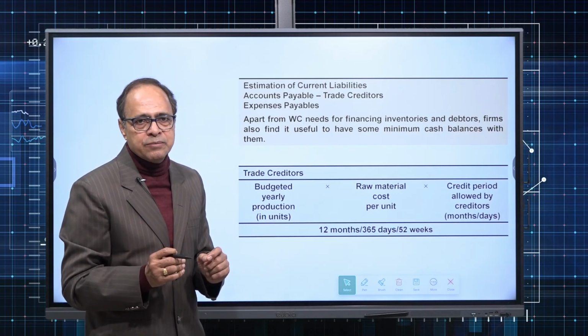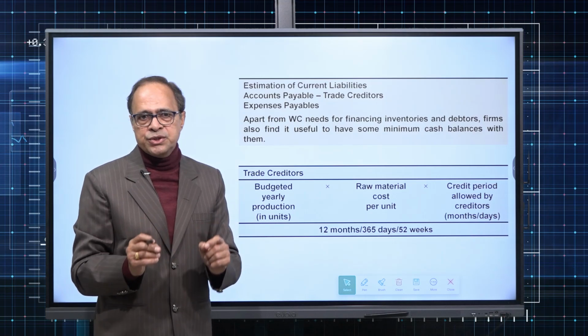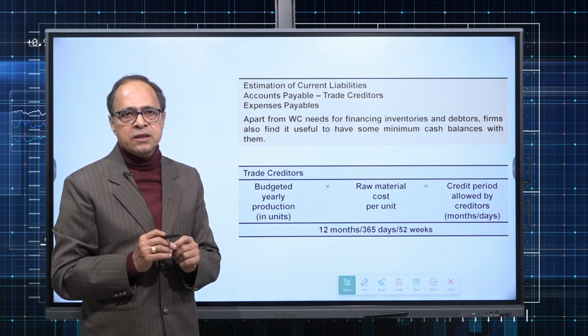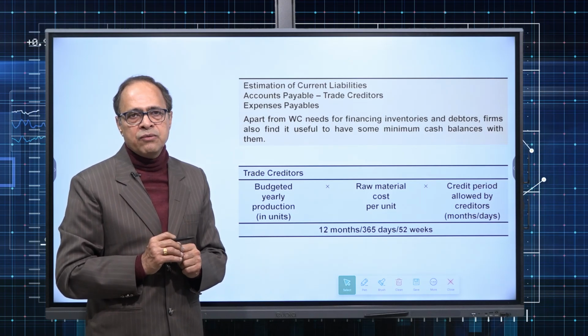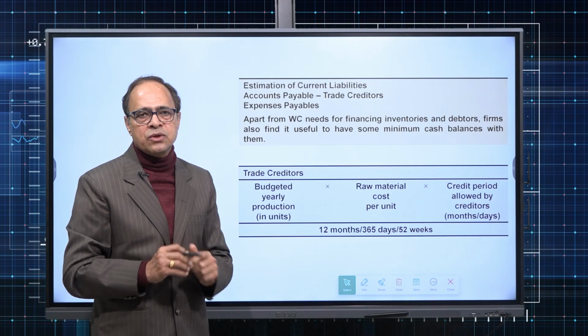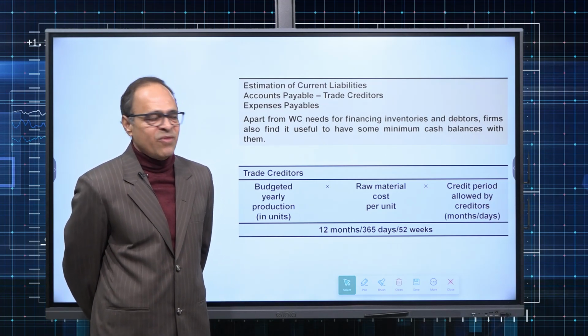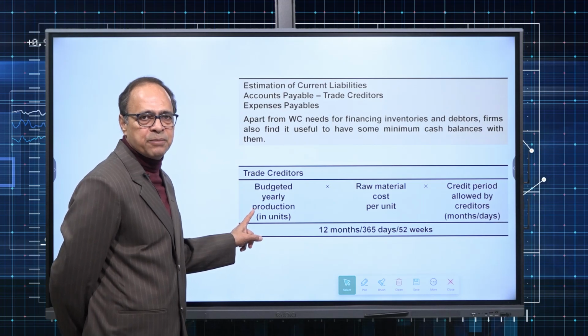Now the point comes: if the question is silent, then we consider all the material purchased is on credit. However, if the question says 75% of the material is purchased on credit and the rest in cash, then how many units will come at this point? Only 75% of the units.